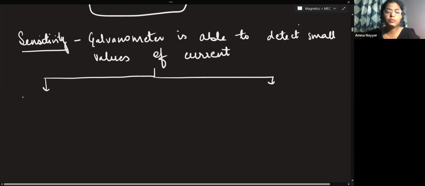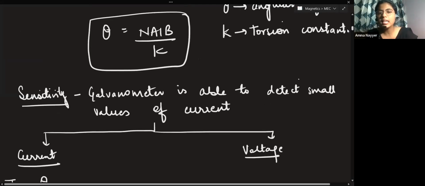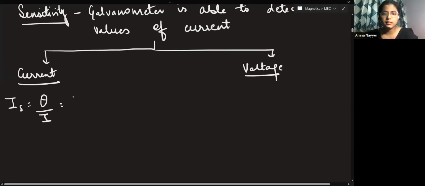So first is your current sensitivity, and second one is your voltage sensitivity. Current sensitivity is basically the deflection per unit current. So what was the formula of deflection that we had got right now? NAIB divided by K. Here also you have I gets cancelled.